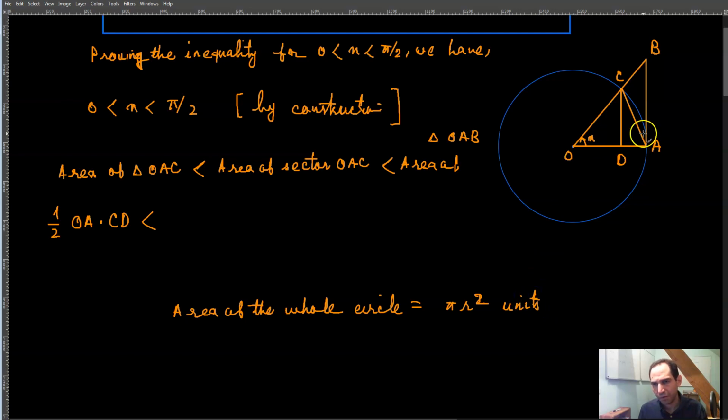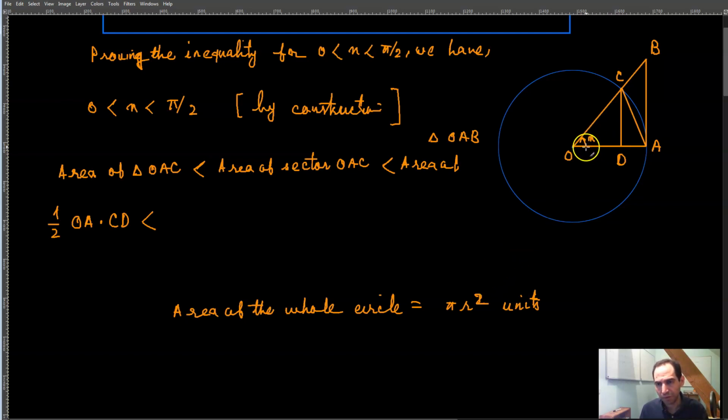Now, if the area of the whole circle is pi r squared, then the sector is a ratio of the whole circle, and the ratio would be x to one complete revolution, which is 2 pi, so the sector becomes x divided by 2 pi.